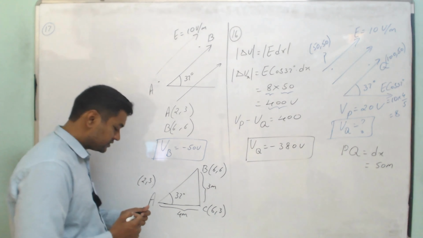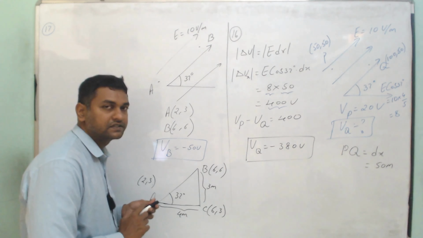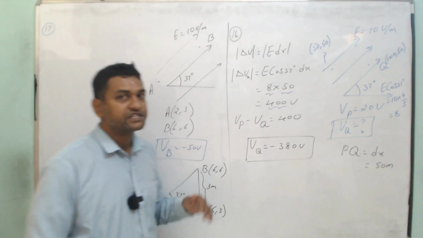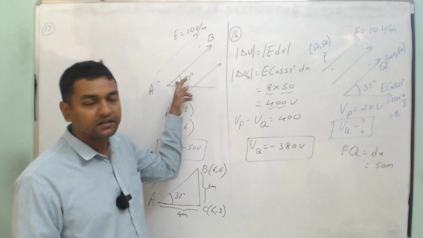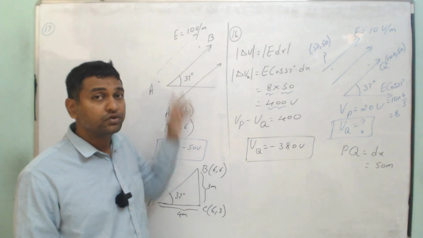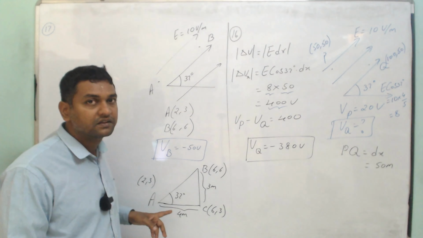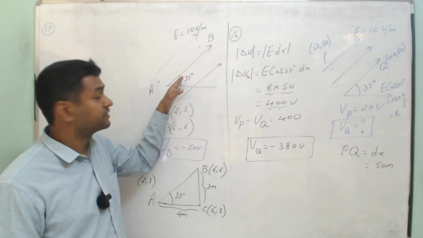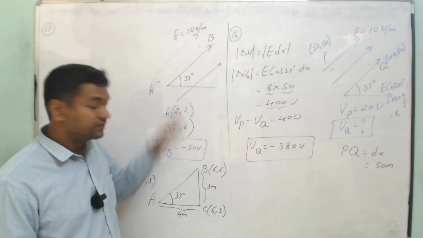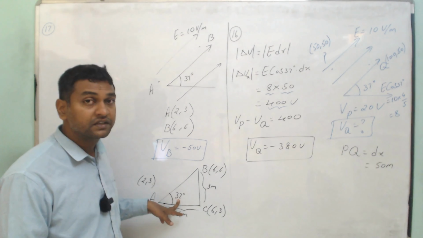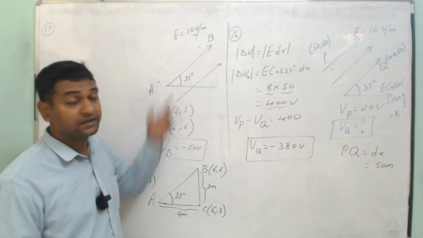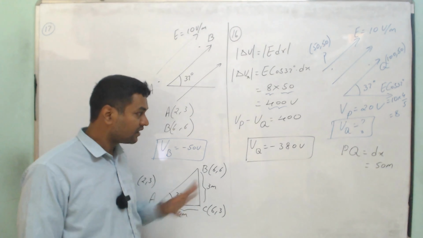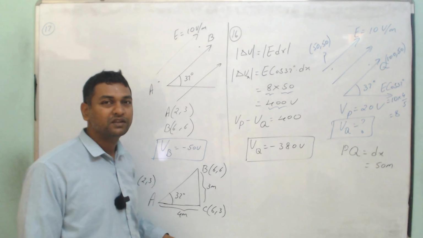Why I paused initially while explaining this is, I mentioned 37 degrees, but even if I don't mention 37 degrees, I'll have to mention the direction of the electric field, but this direction of 37 degrees is not because of that angle being 37 degrees. I will show it in the next question what I mean.